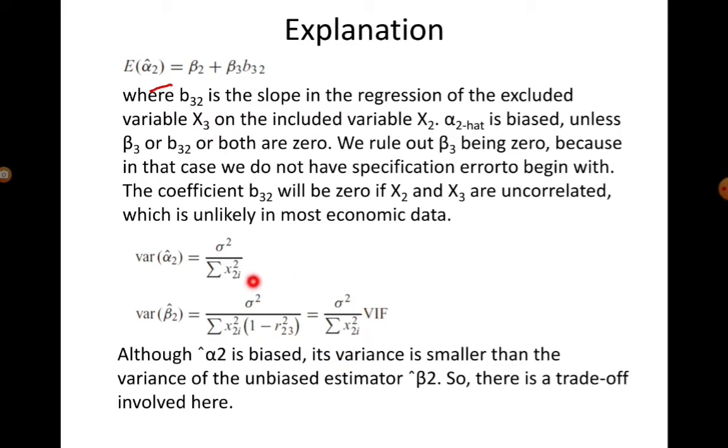As you can see, this value is less than the variance of the true model beta 2 hat. So when you're omitting a relevant variable, you have a trade-off between unbiasedness and getting an estimate which has a smaller variance.